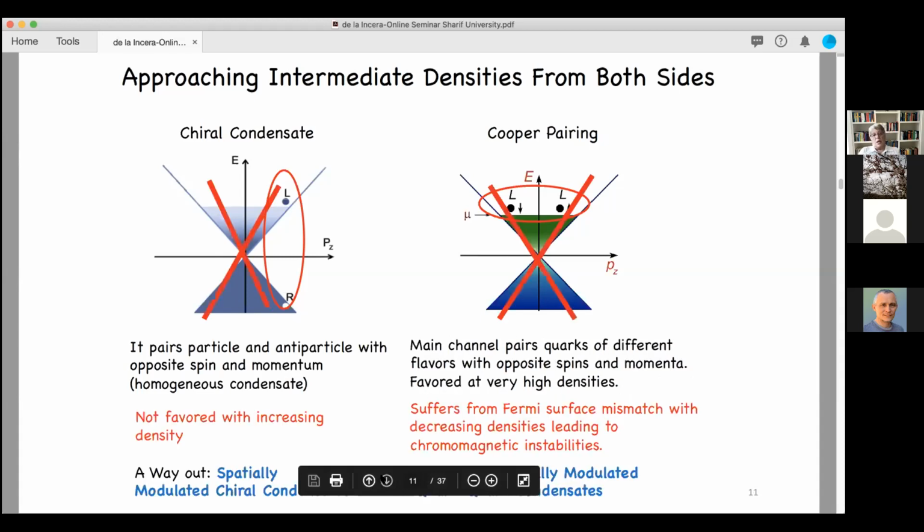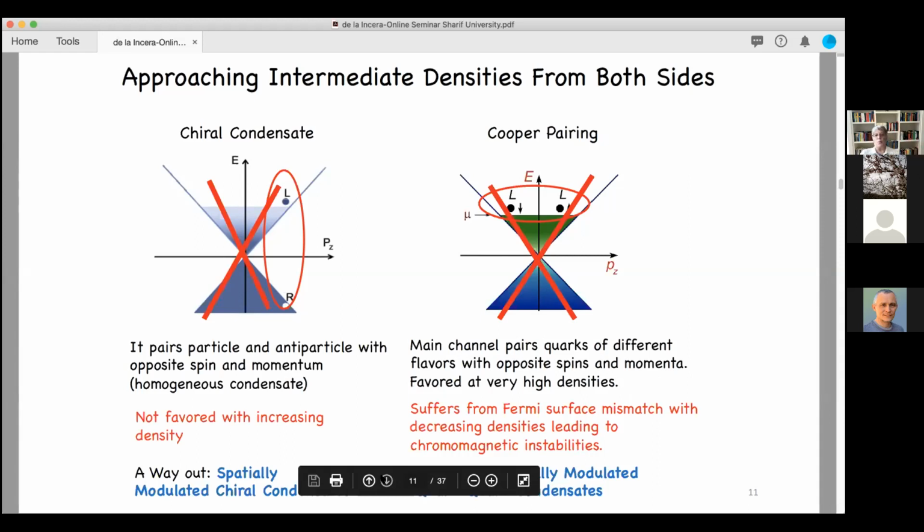So actually, neither one of them is the best candidate for intermediate densities. For the chiral condensate, I already explained the reason: it's energetically unfavorable when the densities increase.